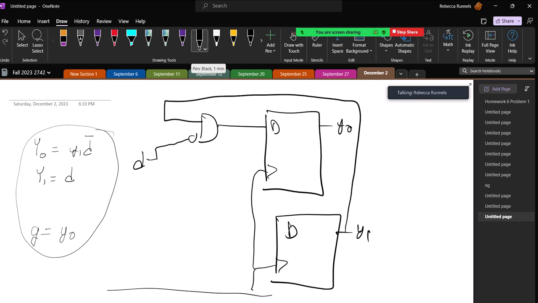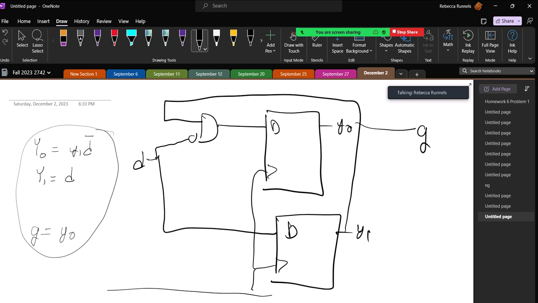And Y1 is simply D. And my output is Y0. And that would be my circuit. I could very easily see a question like this being on your test.